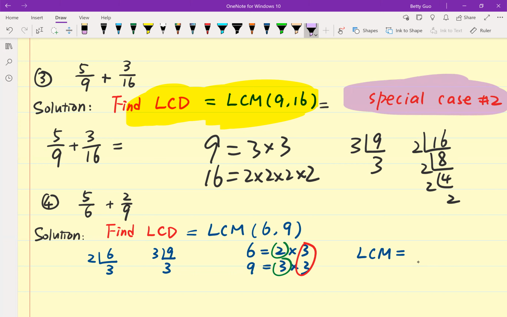Look at the formula on the board. Special case number 1, special case number 2. If the two numbers are mutually prime, GCF is 1. What's LCM though? What is the LCM of 4 and 7? What is 28 on the board?